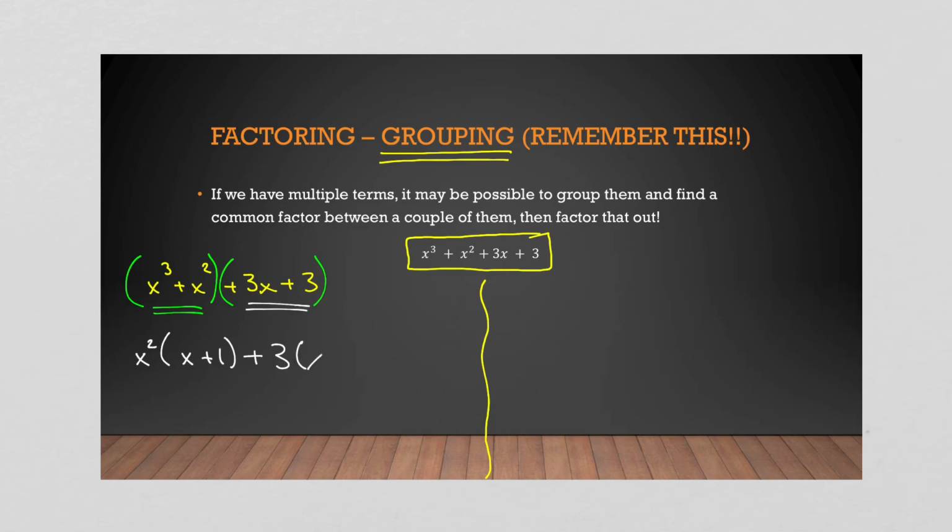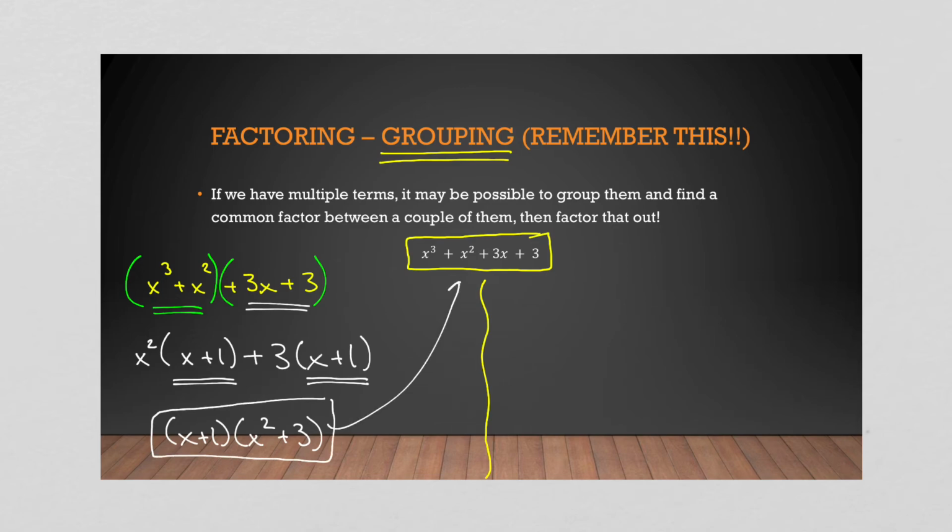And we end up with x plus 1. So you can see by grouping these things, we have now factored out something common. And now we have a common binomial factor. And I can factor that out. And I'm left with x squared plus 3. And that is the factored form of this thing.